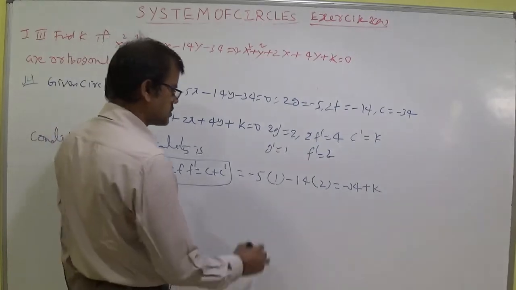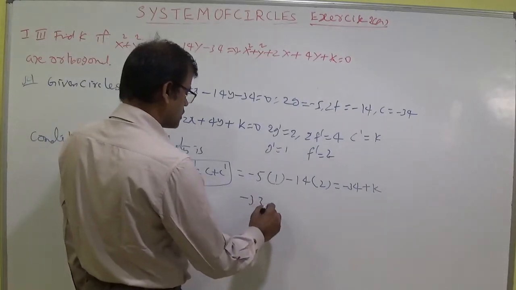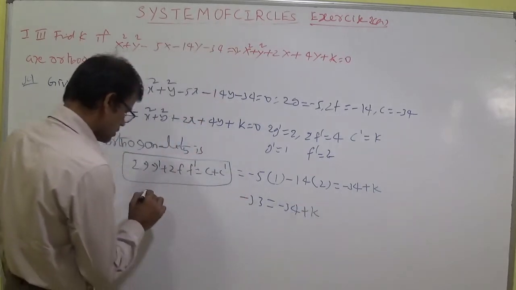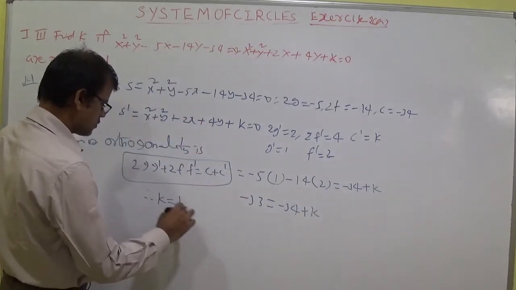Minus 5 minus 28 is minus 33 equal to minus 34 plus k. Therefore k is equal to 1.